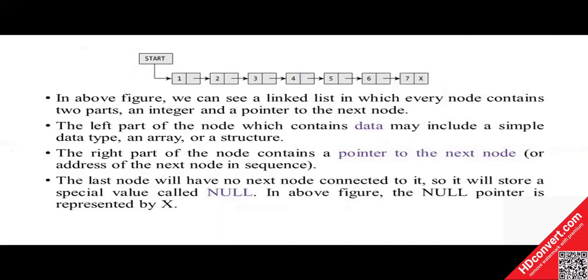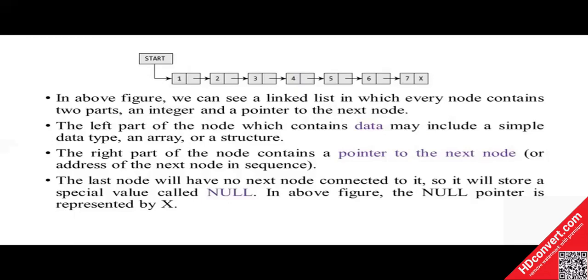The last node contains its next field as null, because it is the last node. We don't have any other elements in this linked list beyond the last element. That's why its next field is set as null.